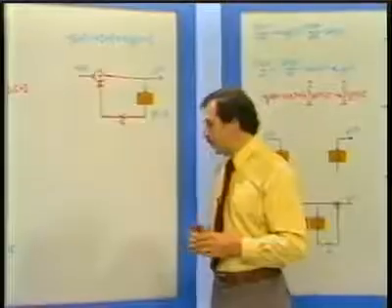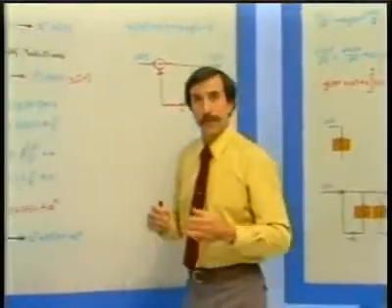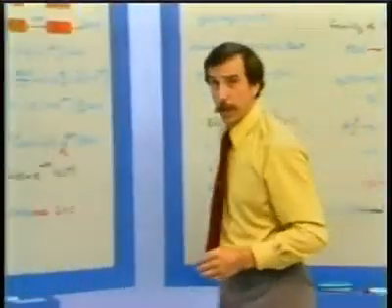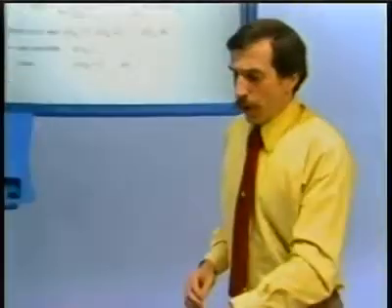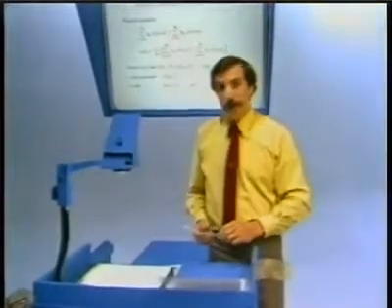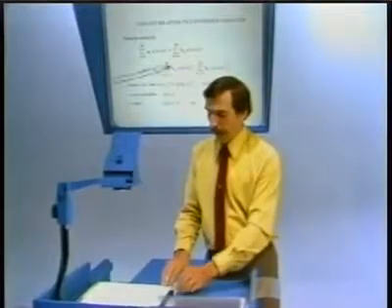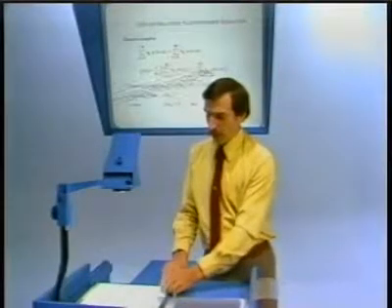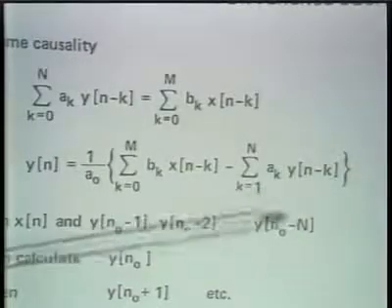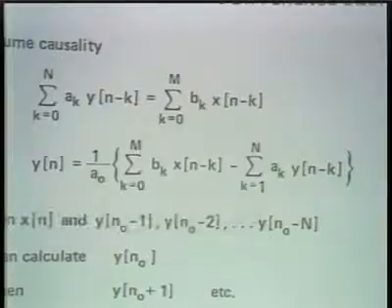Okay, now let's look at this for the case of difference equations more generally. So what we've said is that we can calculate the output by having previous values of the input, previous values of the output, and forming the appropriate linear combination.